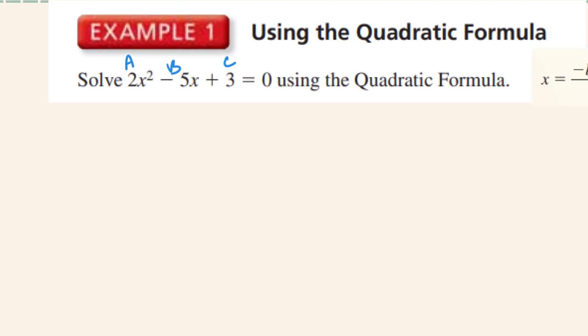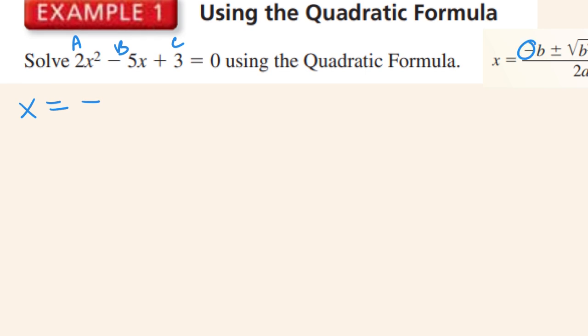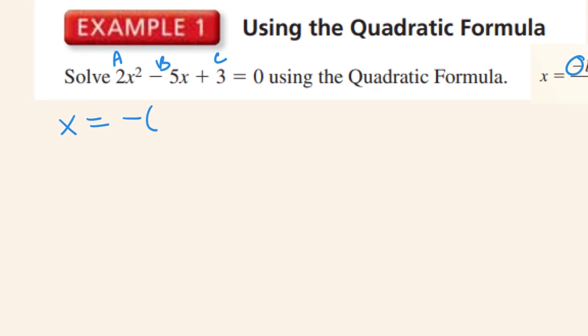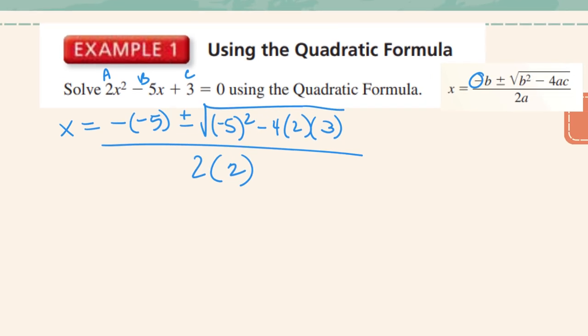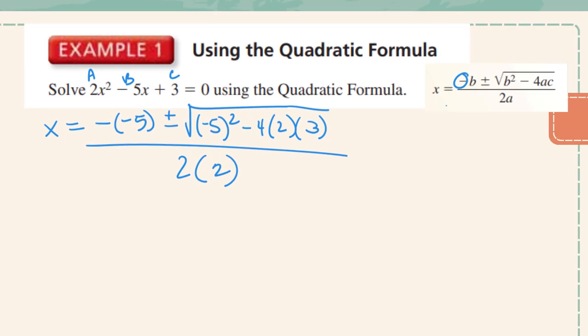So let's plug everything into my quadratic formula. x equals negative, I'm going to keep my negative, but I'm going to put b into parentheses, and this b is actually -5, plus or minus the square root of -5 squared minus 4 times 2 times 3, which is c, over 2 times 2. All I did is plug in the numbers into my formula.